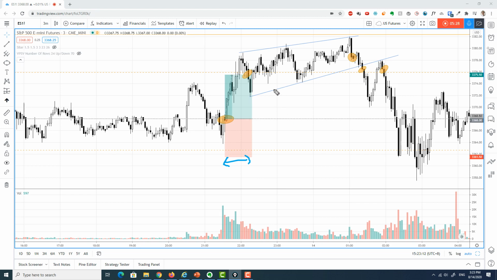Subsequently, we can see that it just consolidated within this rising wedge. In terms of momentum, it's losing some of the upward momentum, as we can see in this rising wedge. Definitely the thrusts got shortened, and similarly with the waves as well.